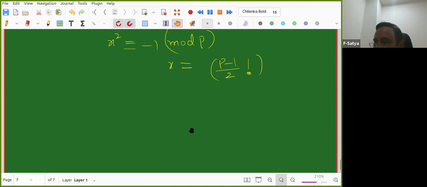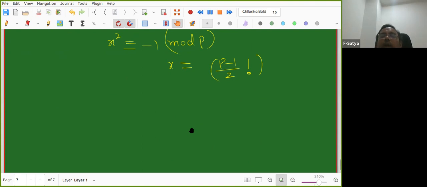Till now, what is it that we have done? All of you who are here, be careful, be attentive. We are looking at quadratic residues. I defined that A is a quadratic residue modulo P if x squared is congruent to A modulo P has a solution. Otherwise, it is a quadratic non-residue. Till now, we observed that (P-1)/2 are quadratic residues and (P-1)/2 are quadratic non-residues.